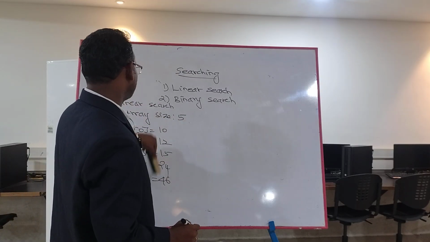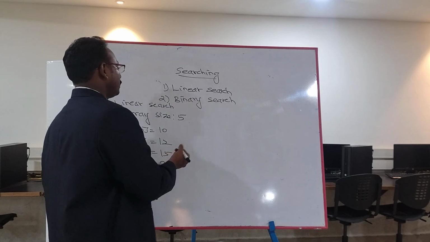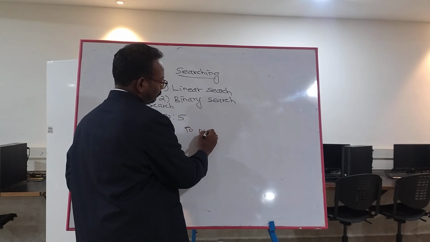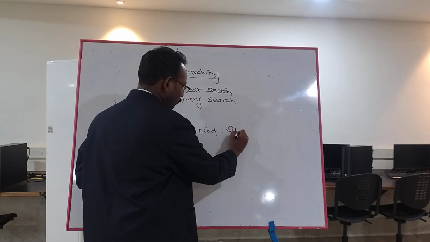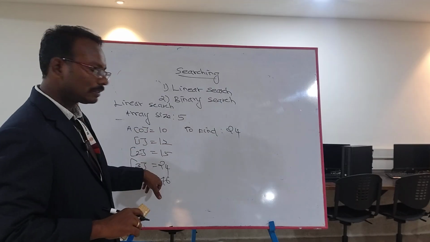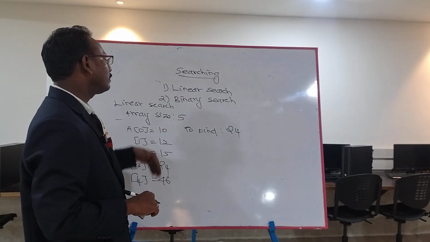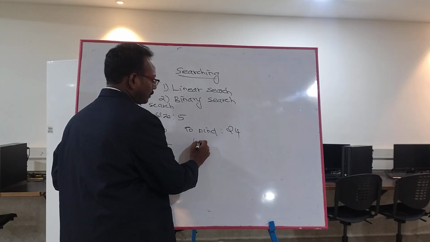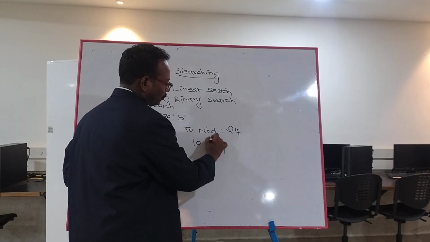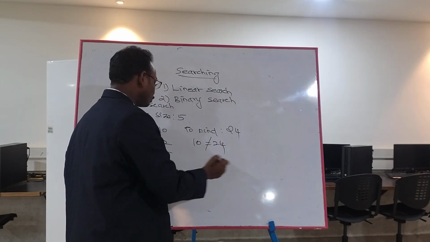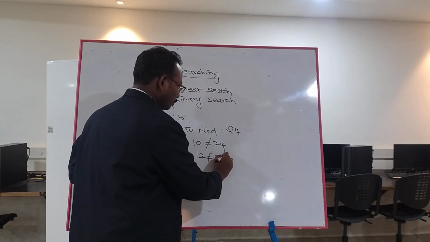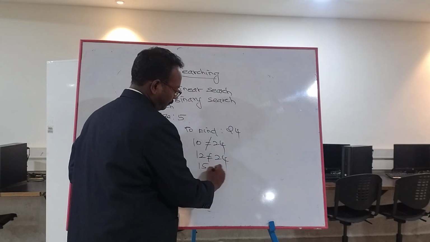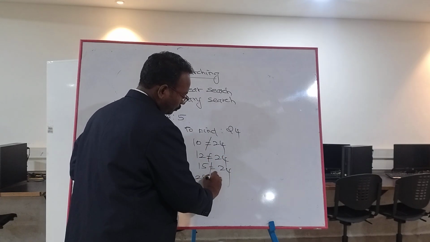This is the input; I want to find 24. Is 24 present in that database? It will compare with every array element one by one. It compares 10 with 24, not equal, so it goes to the next number. 12 with 24, not equal. 15, not equal. 24 equal to 24.